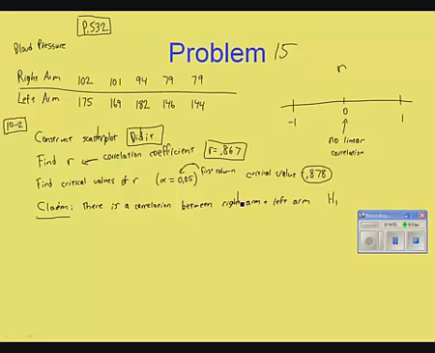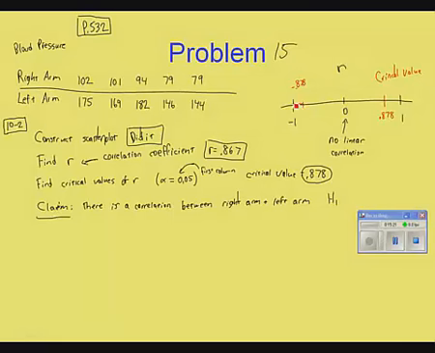Right? Now, what do I have? I have a critical value. My critical value is right here. 0.878 is my critical value, and -0.878.